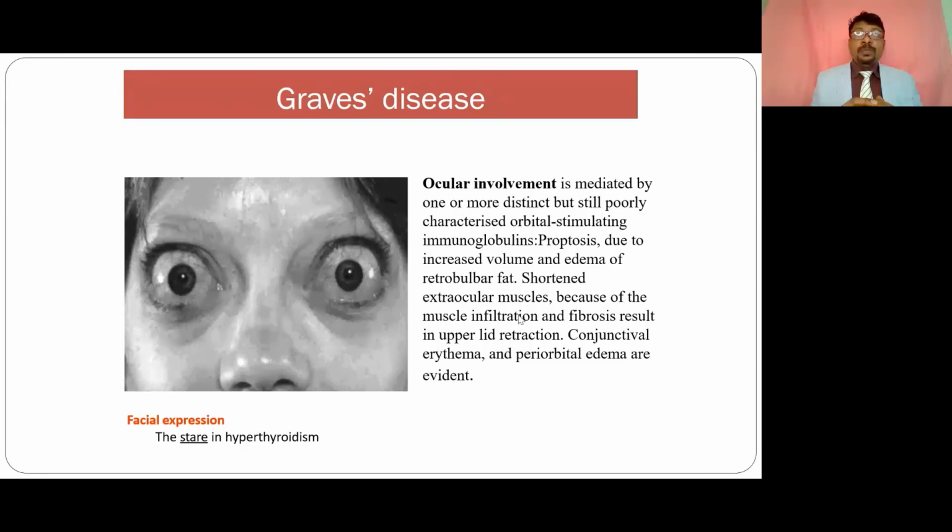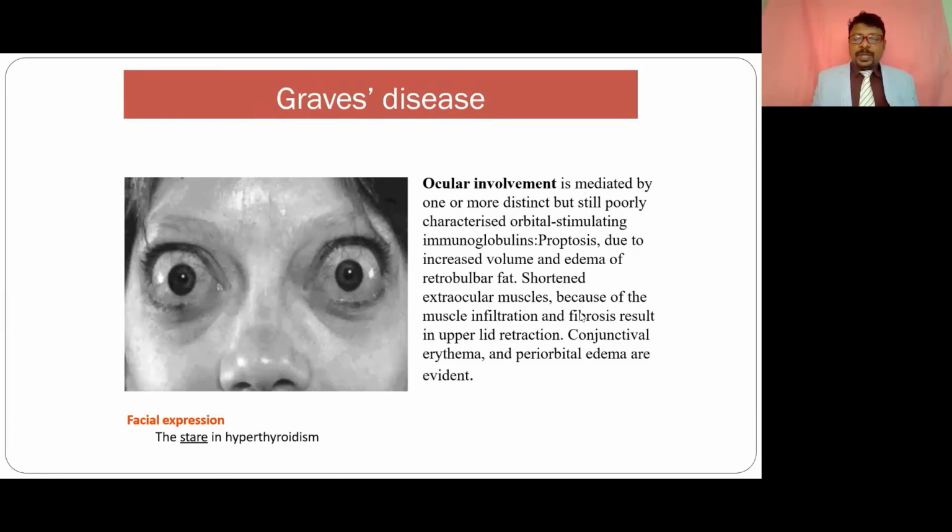If you want to move upwards and downwards, or side to side, it is controlled by these muscles. If there is any damage or abnormality in the muscles, or any edema around the retrobulbar fat, the eyeballs protrude. This is the classical feature of hyperthyroidism.